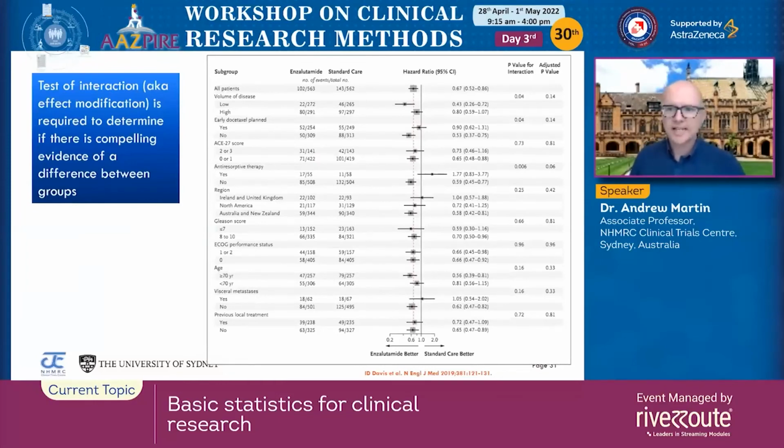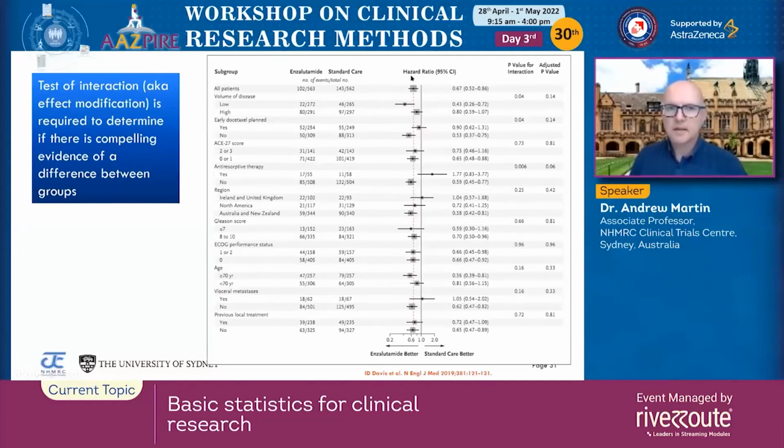And this trial, the ENZAMET trial, showed that the hazard of death was appreciably reduced with enzalutamide treatment. And we're seeing that result way at the top of this forest plot here.